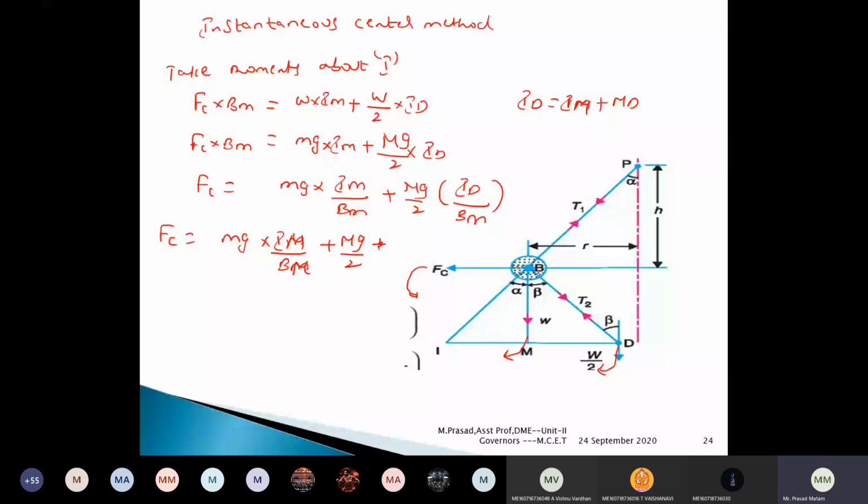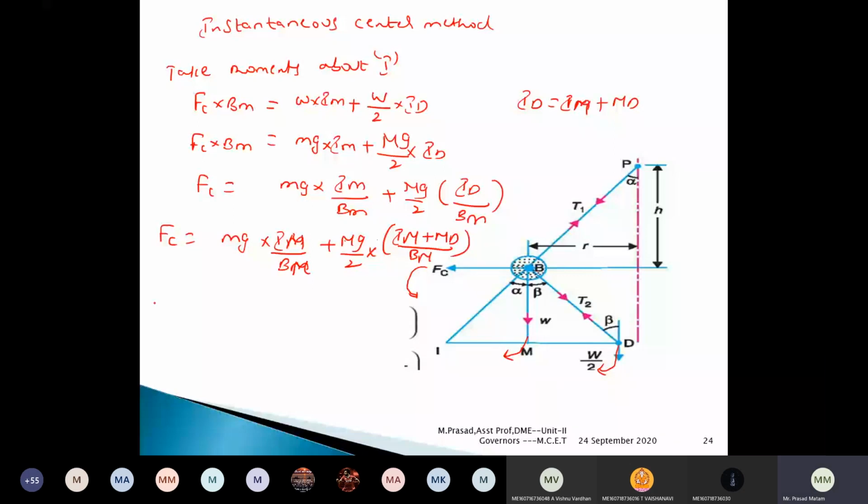Let me erase. Mg by 2 into Id, I am writing it as Im plus M into D. You can see here Id I am writing it as Im plus Md by Dm. Okay. Now let us simplify this further.